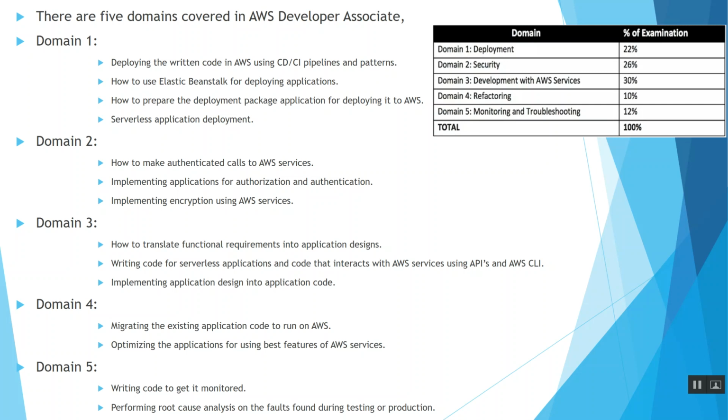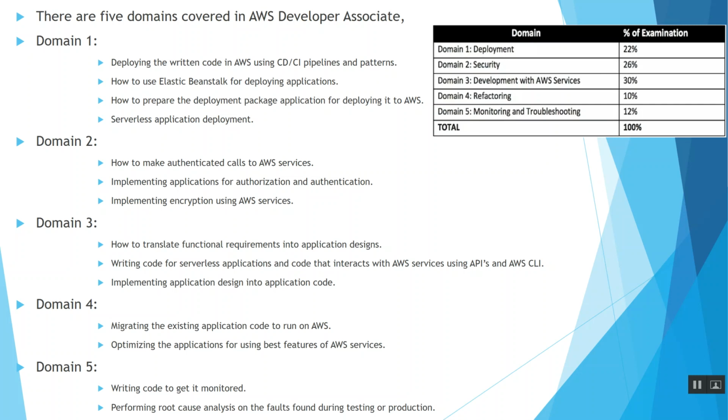So as we're deploying, we do not need to worry about what infrastructure is required. Elastic Beanstalk will take care of that. We'll see more in the next slide. And how to prepare the application deployment package for deploying on AWS, and then serverless application deployment, we'll study in domain one.